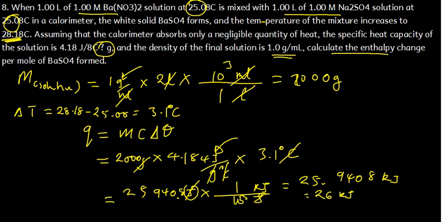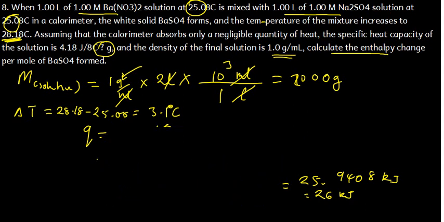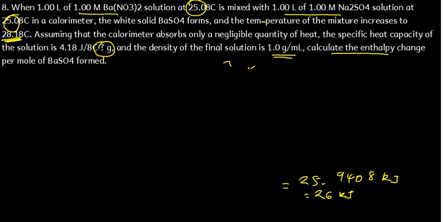Now, if we had been given the mass of the precipitate which was formed... we haven't been told the mass of the precipitate that was formed, so we take it as one mole of the precipitate was formed. Okay. So that is the amount of energy that is going to be involved in this reaction, and so we want to calculate the enthalpy.